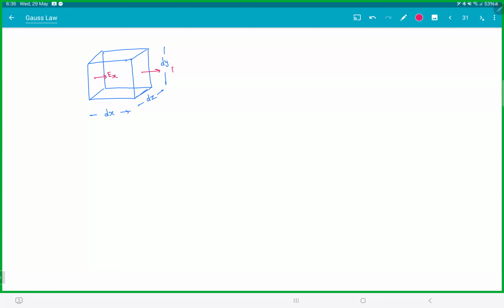On this face, let the field be Ex plus dEx. Agreed? For that small change dx, the field has changed by dEx. So the flux on these x faces would be Ex plus dEx into the area, which is dy into dz, minus Ex into dy dz.